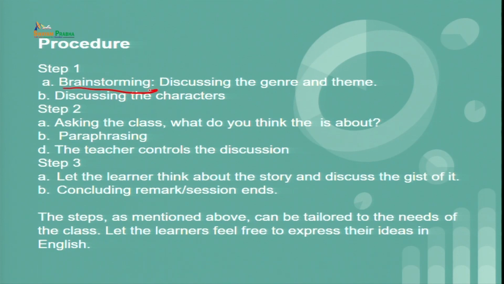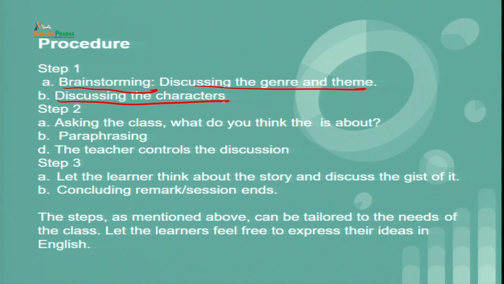The first step is that you should do brainstorming, discuss the genre and theme. Is it coming in the form of poetry or prose, and what is it going to discuss? The second thing is to talk about the characters that are involved in it. So the narrator himself is involved, and who else are the individuals that are contributing directly and indirectly to the theme?